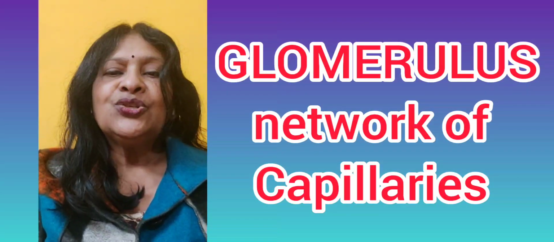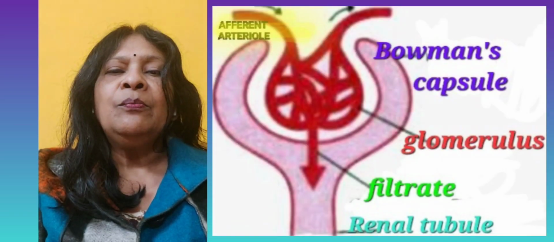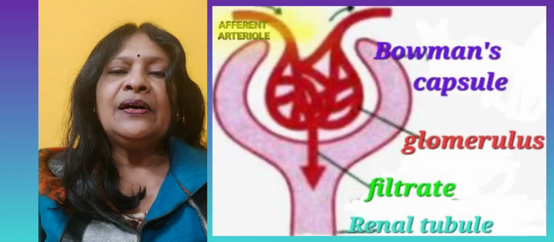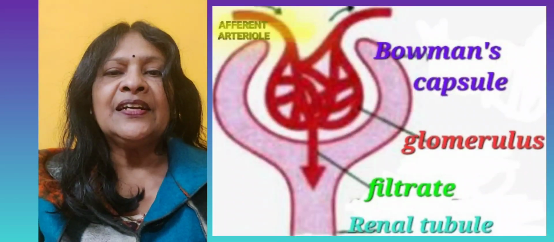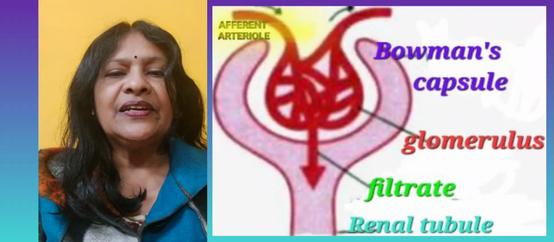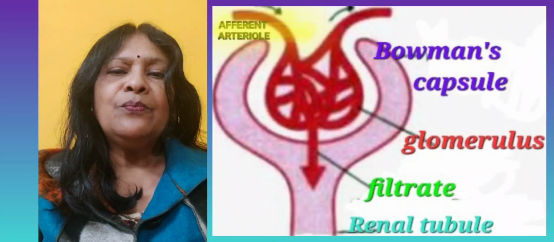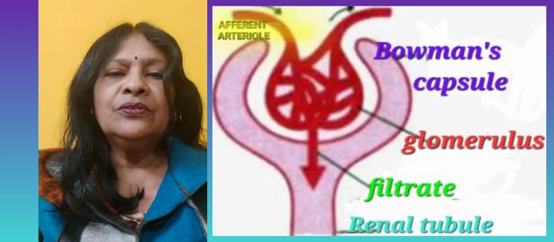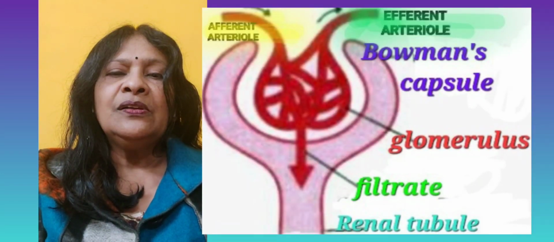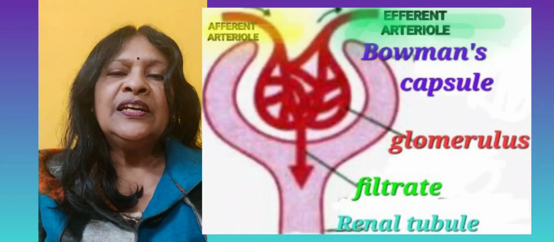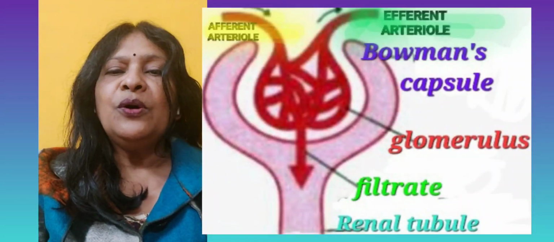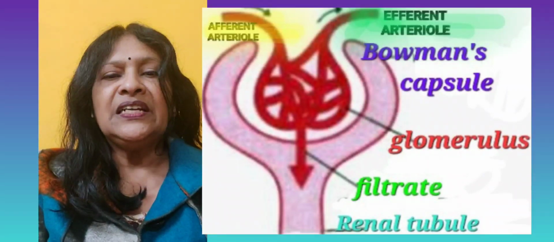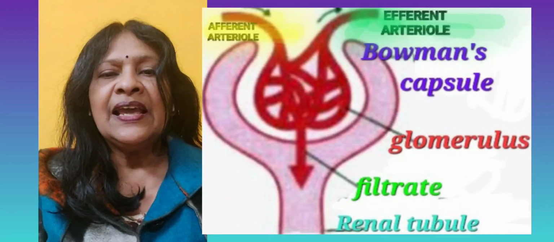That is the structure where the blood comes with force and builds up a very high hydrostatic pressure for ultrafiltration. Further, from the other end, the arteriole emerges out in the form of the efferent arteriole. Why do we not call it the afferent arteriole again?